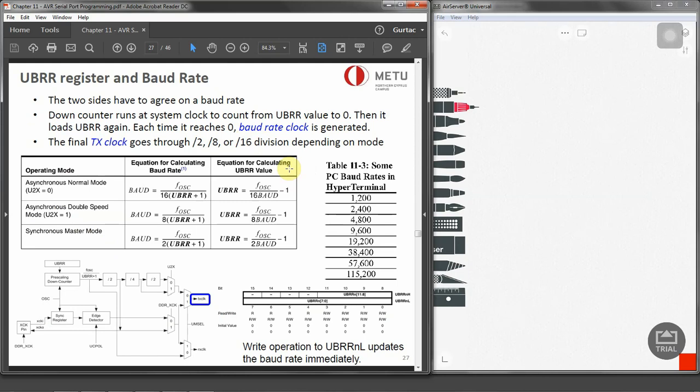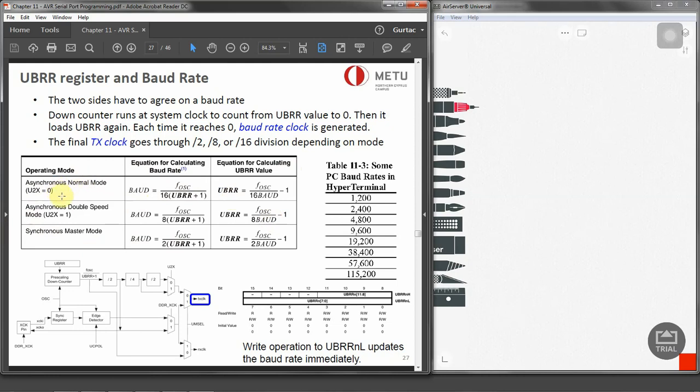So we set the UBRR value, it goes down to 0, then it loads the UBRR again. So each time it reaches 0, the baud rate clock is ticking. And the final transmitting clock can go from 2, 8 or 16 division depending on the modes. So those modes are all given on this table.